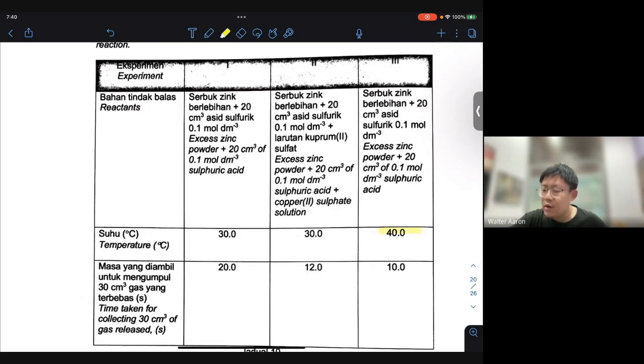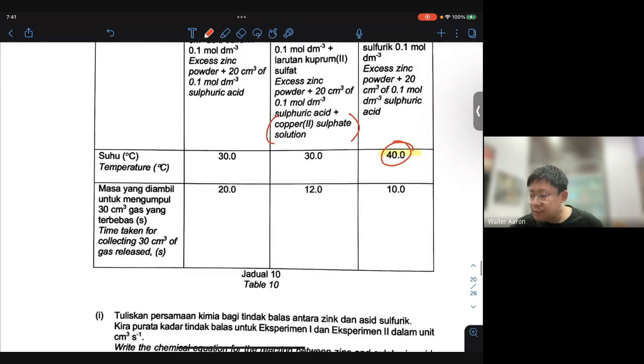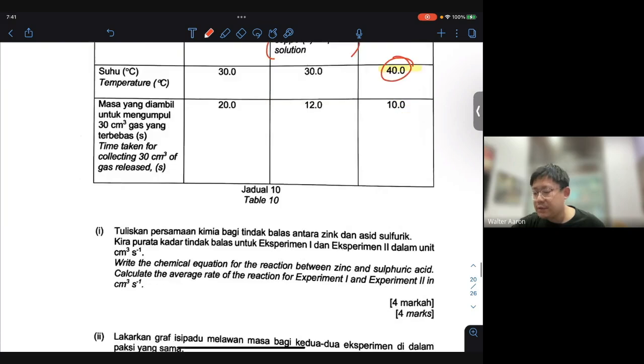Experiment 1 and 2: they use a catalyst for 2 and 1 is without. For experiment 3, they use a different temperature. The time taken is 20, 12, and 10 seconds to create 30 cm3 of gas.